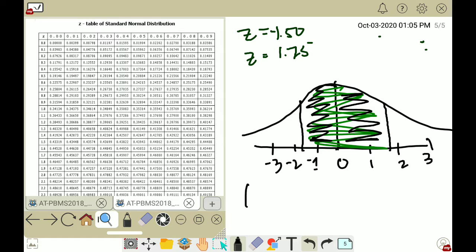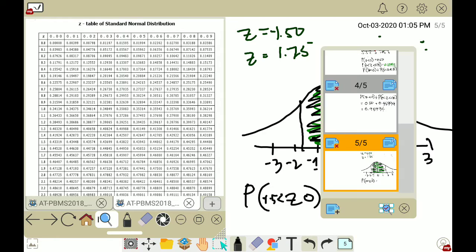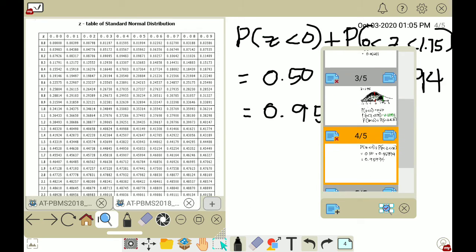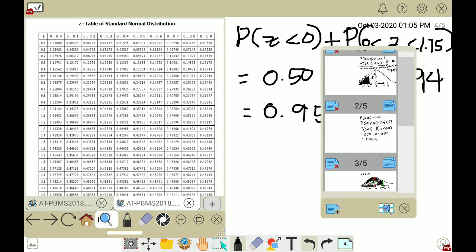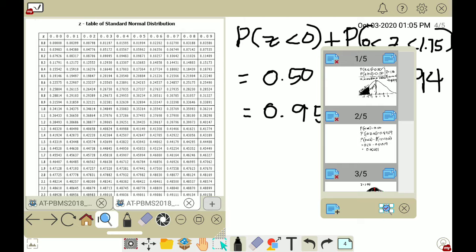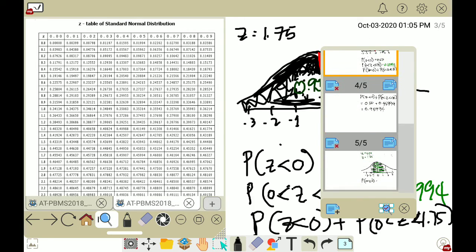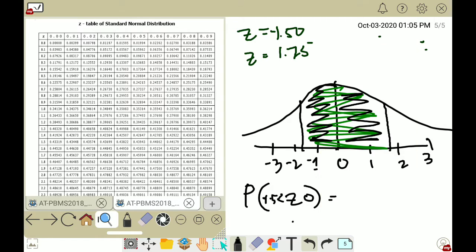So in that case, that means we are going to utilize your Z between negative 1.5 and the mean, that is given by 0.43319. Is that correct? Negative 1.5, 0.43319.